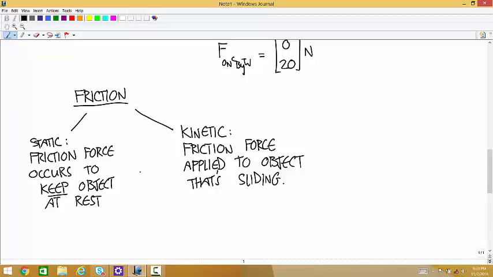And that makes sense if you think about, like, when you're moving to a new house, and you have big boxes of stuff, and you have a big box sitting on the floor. So imagine it's sitting there, and you go up and try to move it. It's harder to get it moving at first than it is to keep it moving. There's friction in both cases, but you have to apply a big force to get it started. And then once it's started, you don't have to apply as big a force. And the reason for that is that friction is the development of little molecular forces between the two objects.